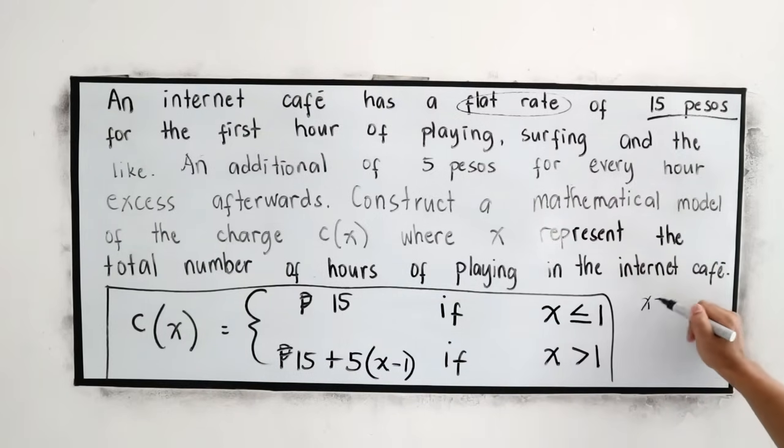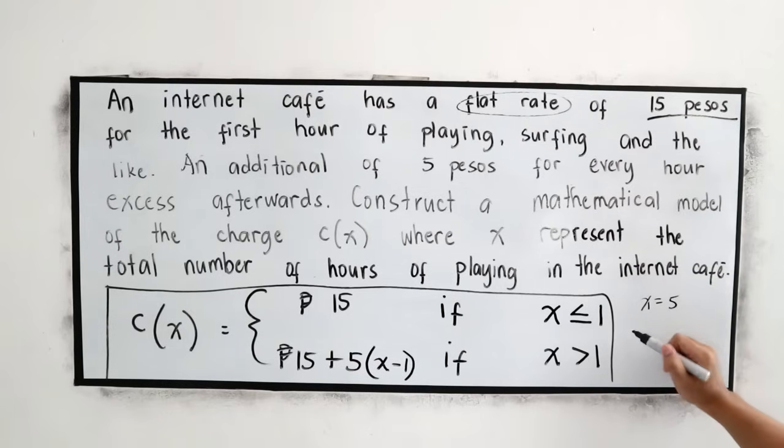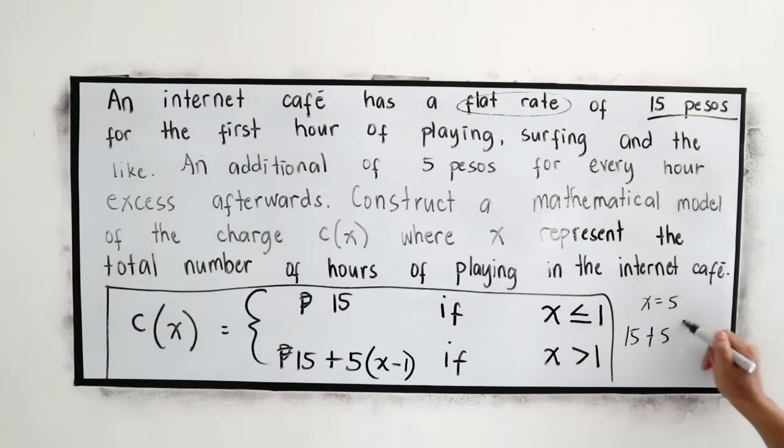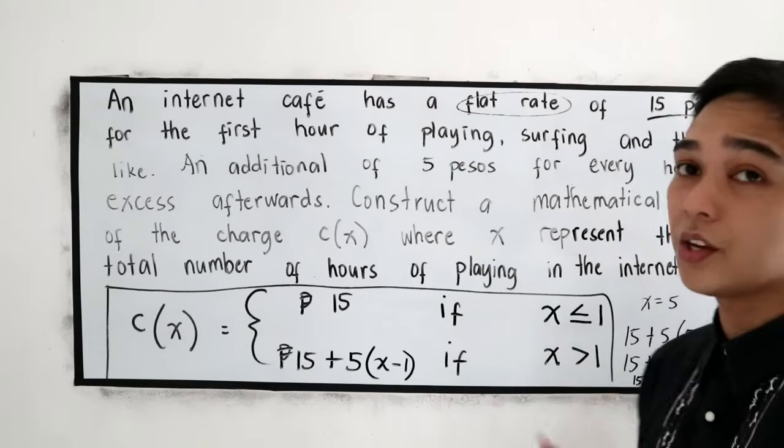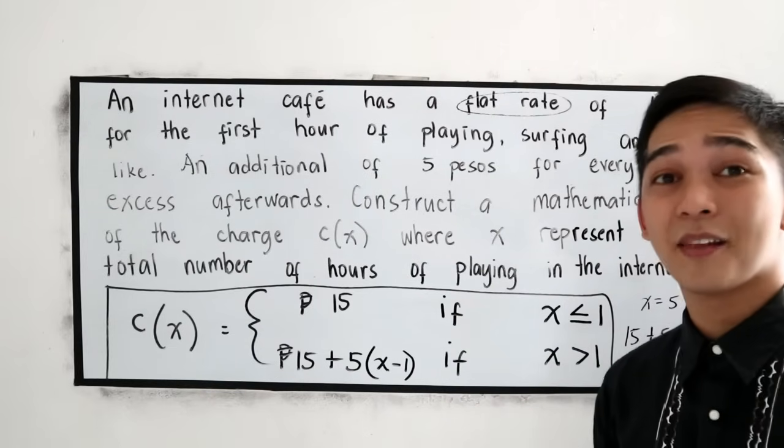So, if x, 5 hours ginugol ko. So, 15 plus 5 times (5 hours minus 1). So, 15 plus 5 times (5 minus 1), which is 4. So, 15 plus 20, that is 35. So, tama siya. So, ito na ngayon yung ating mathematical model.